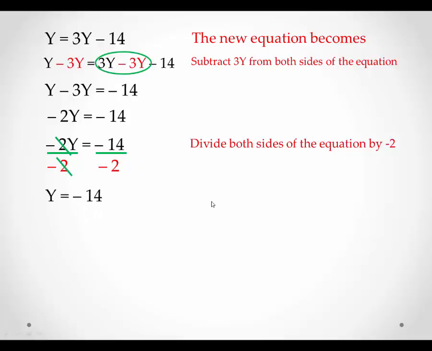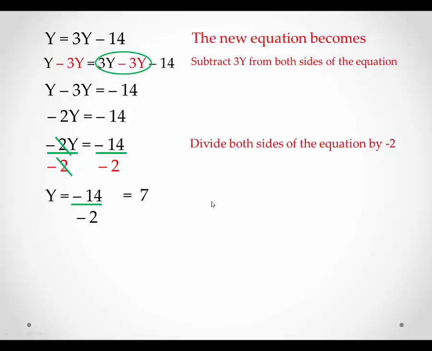Thus, we have y equals negative 14 divided by negative 2, and this will give us 7. Please note that when dividing by two negatives, you get a positive answer. Also remember that we are dealing with age, so we cannot get a negative age. Just keep that in mind.